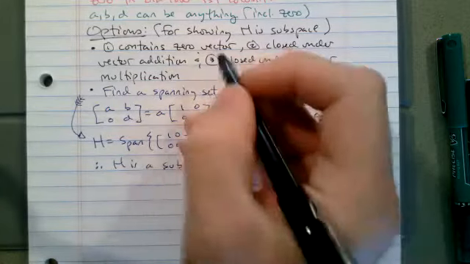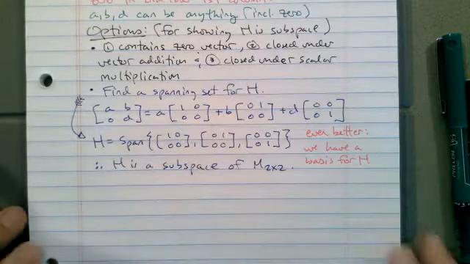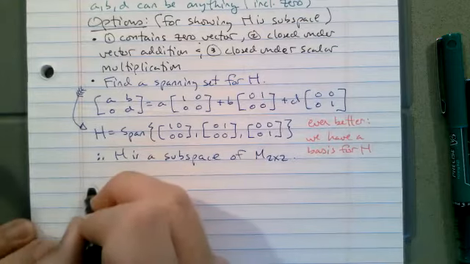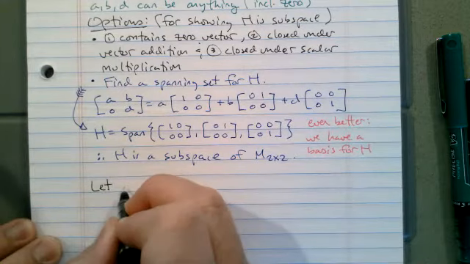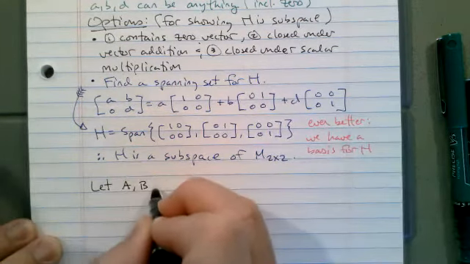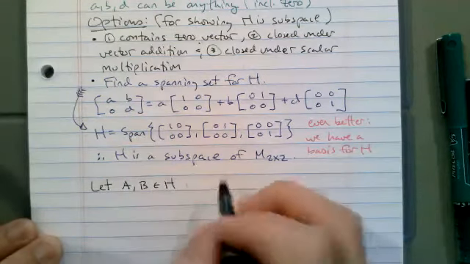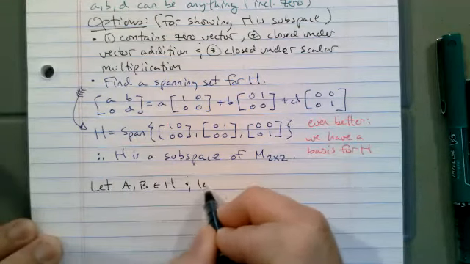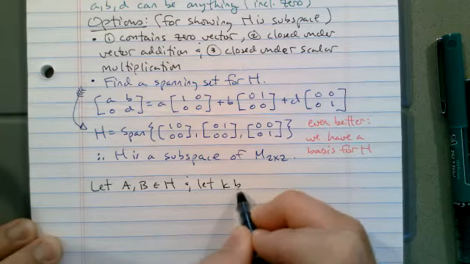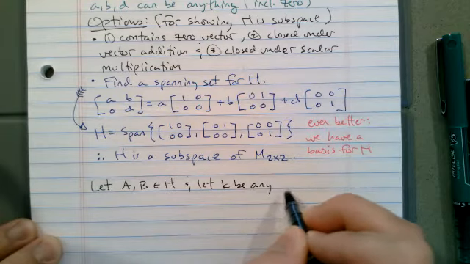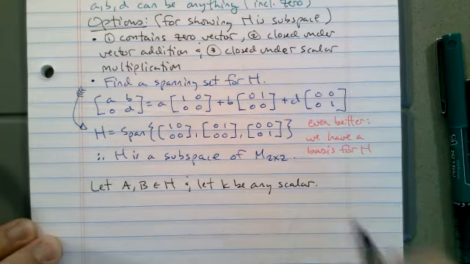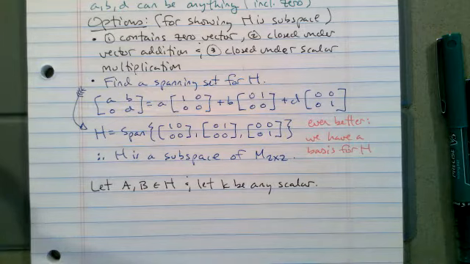So let's just write that out. Let A and B be elements of H, and let k be any scalar. I guess technically we know our scalars are coming from the field of real numbers, but k be any scalar.